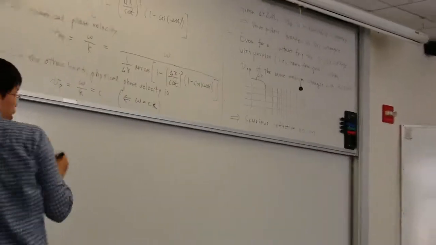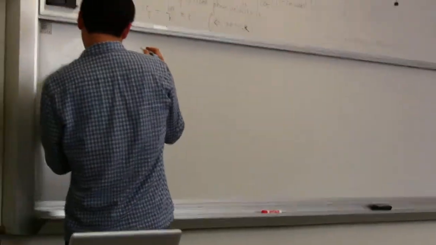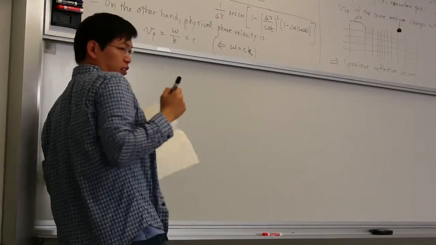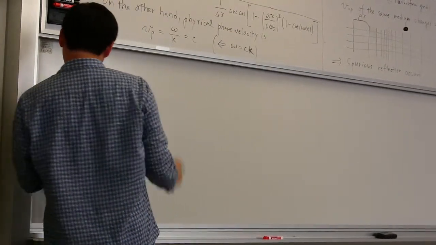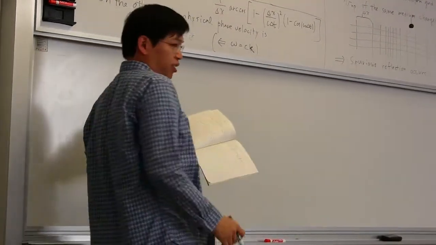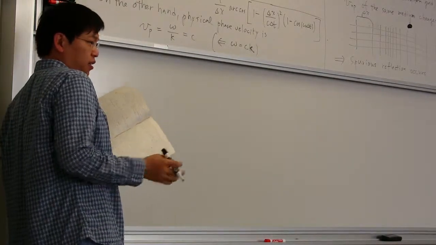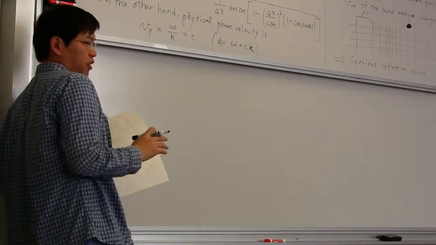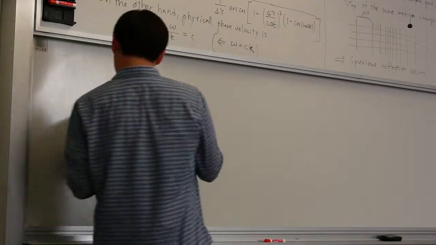Sounds like a serious problem, but as the gentleman said, if delta x and delta t are small enough, then this spurious reflection decreases.